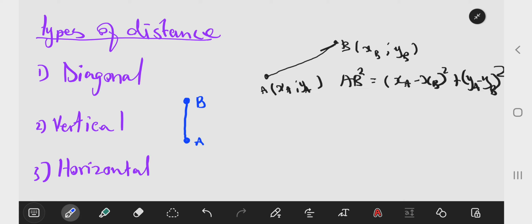Now, what you must note here with the vertical distance is that if you try to calculate the distance between these two points, let's say our coordinates are x of A and y of A, right? And then x of B and y of B, okay? So let's say you want to calculate the distance AB, which is a vertical distance.